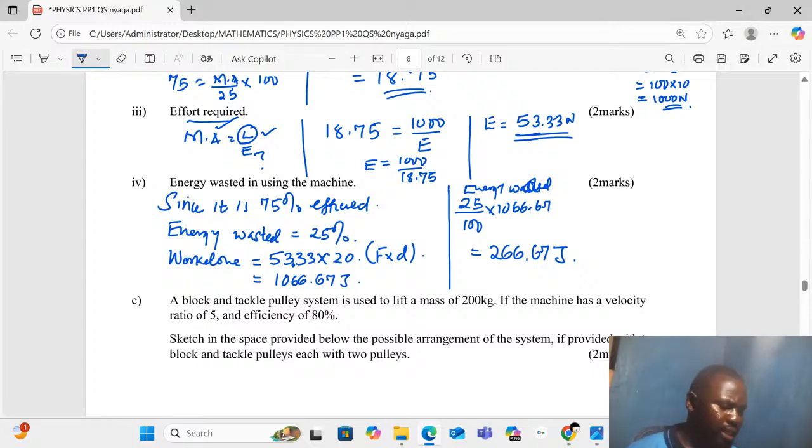A block and tackle pulley system is used to lift a mass of 200 kg.